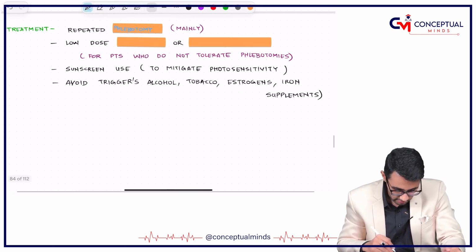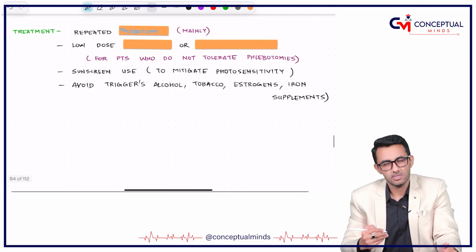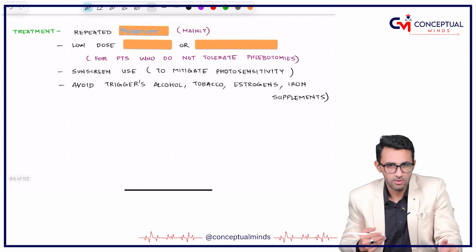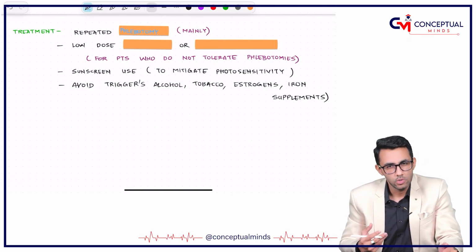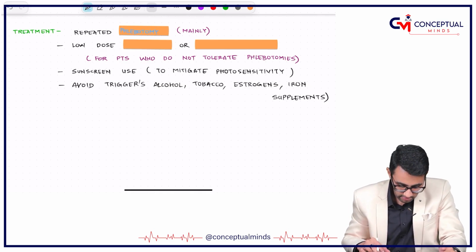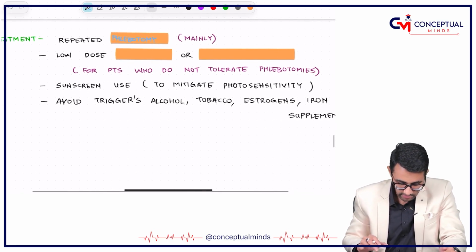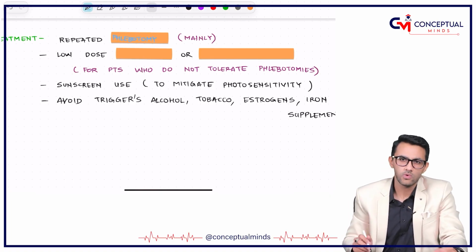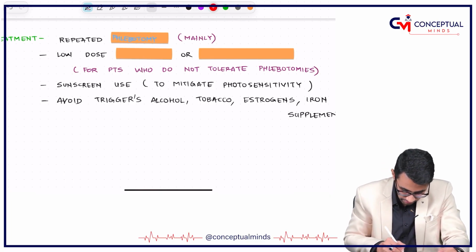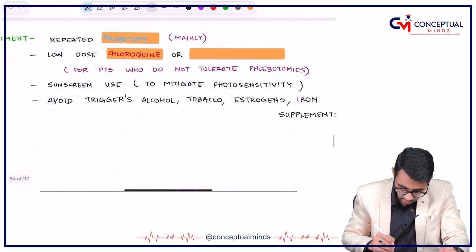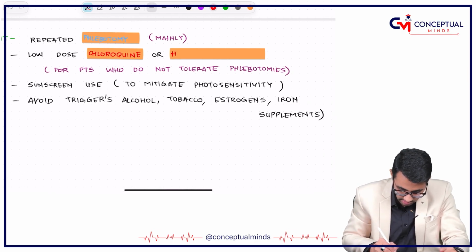And over here, if the patient is reluctant or is not very comfortable to do phlebotomy, what we would do is go ahead and give low dose of chloroquine or hydroxychloroquine.